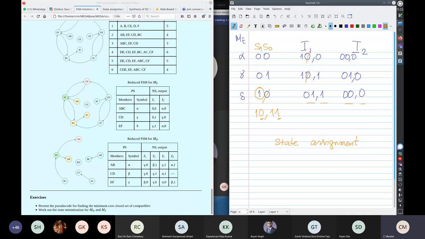Now, the point to note is that suppose I code this as 1, 1.